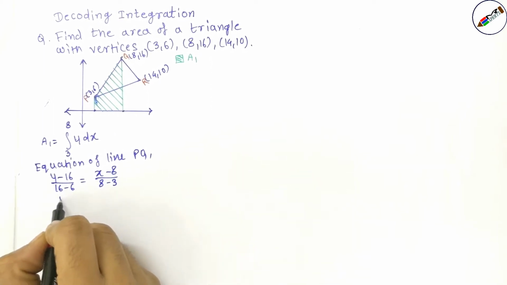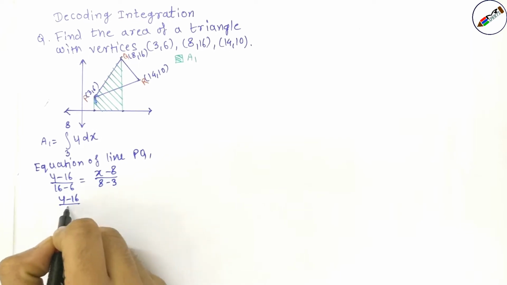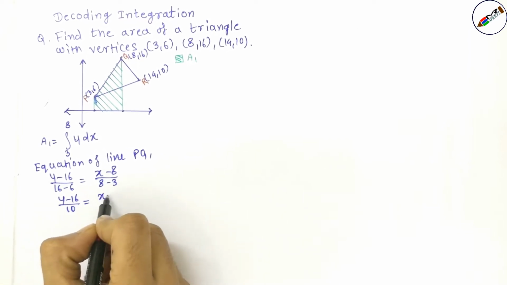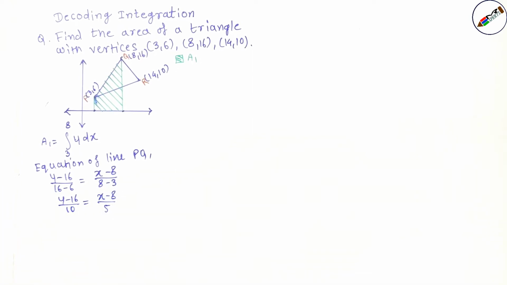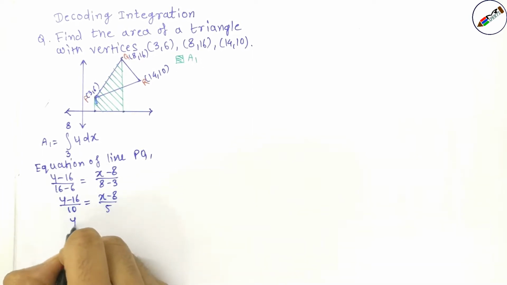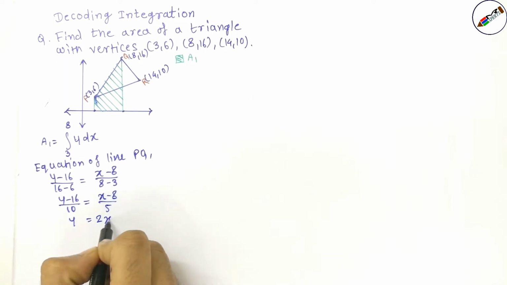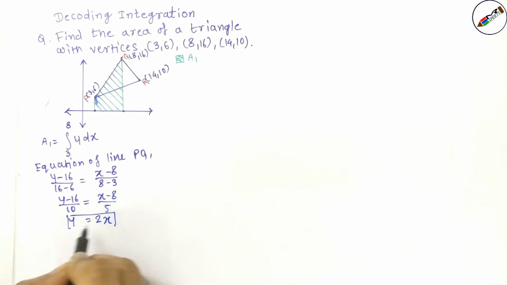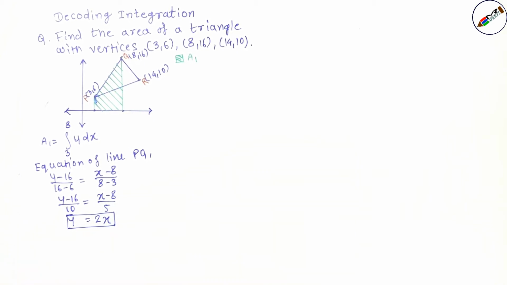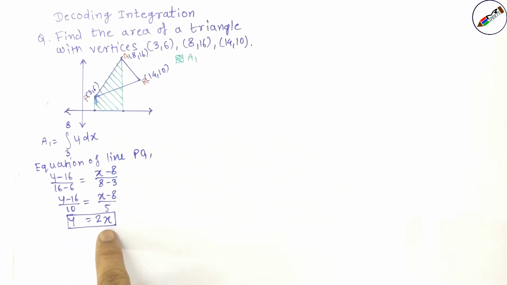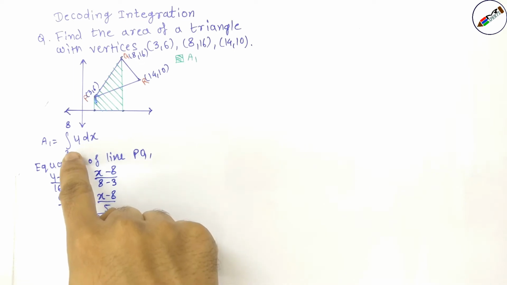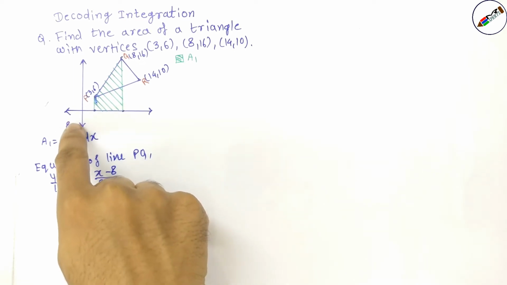After solving this, we are getting y minus 16 upon 10 is equal to x minus 8 upon 5. We get y is equal to 2x. This is the equation of our line segment PQ. So for line segment PQ, our y is nothing but 2x. In short, we have to integrate 2x from the coordinates 3 to 8.